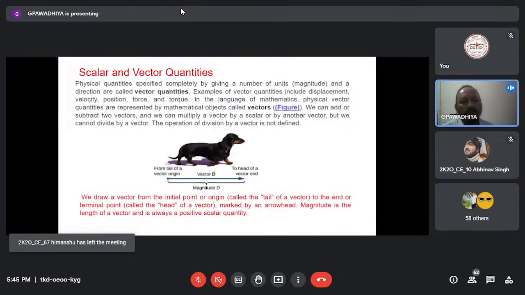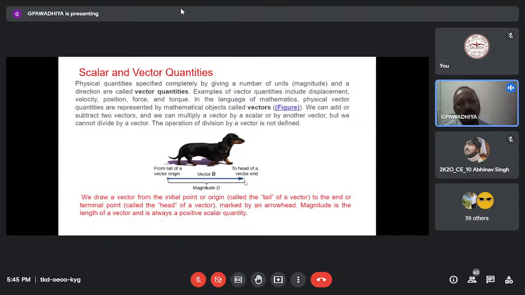Now the vector quantity. In this case, a vector quantity, as we discussed earlier, requires magnitude, requires direction, and the point of application also. When we define force, it requires three specifications. So this, say, dog, tail is representing the tail of the vector, and head is representing the head of the vector.